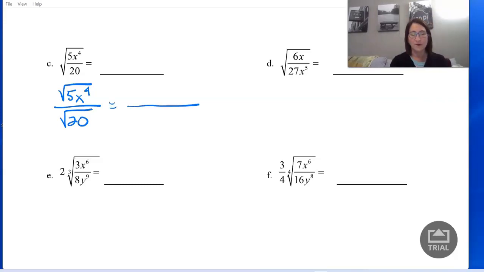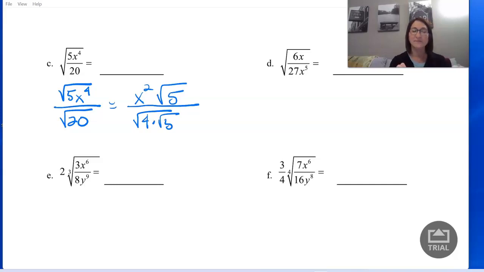Well, when I look at this, the square root of 5x to the fourth can be simplified to x squared square root 5.